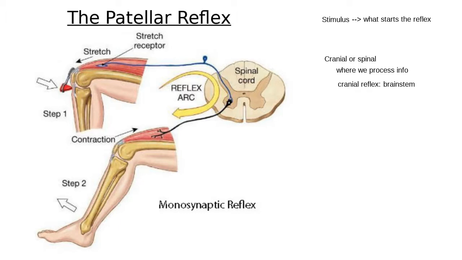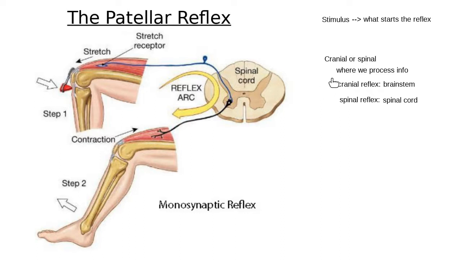Most of our reflexes in the body, though, are spinal reflexes. Not a trick question. When I talk about a spinal reflex, where are we processing that kind of information in a spinal reflex? Yeah, exactly. The spinal reflex, we're processing in the spinal cord.